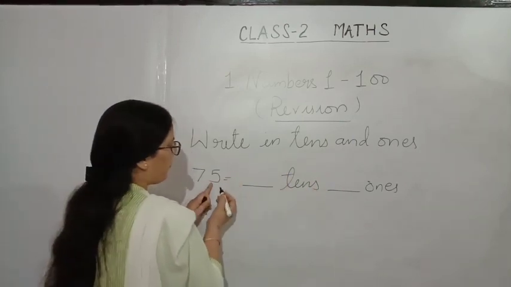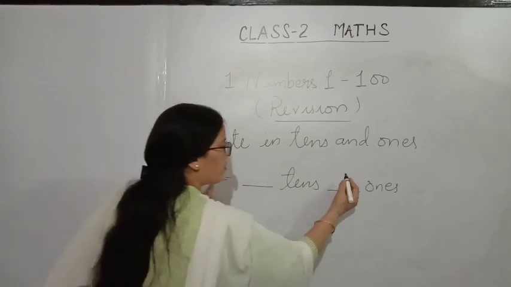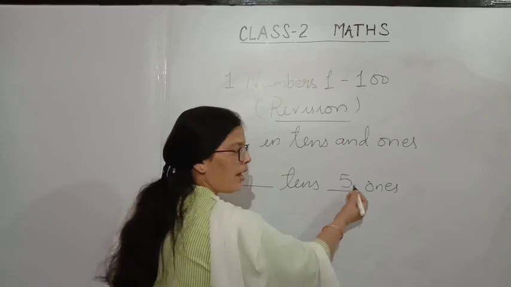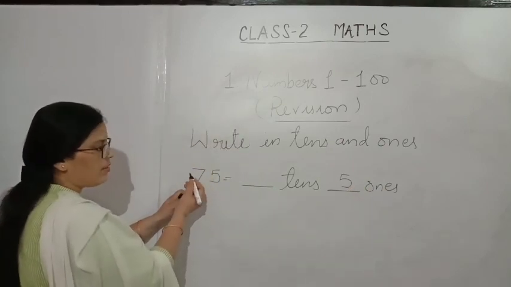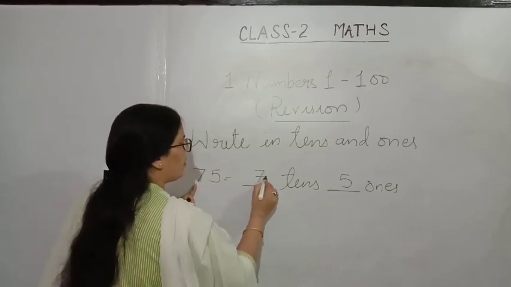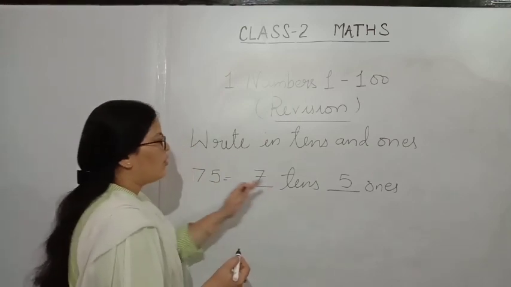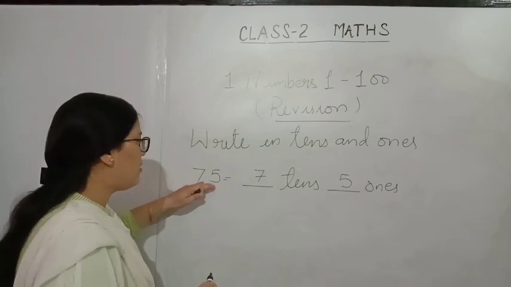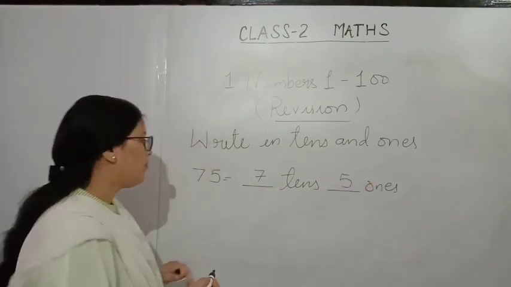The number at the right hand side will be written at ones place, so 5 ones, and the number at the left hand side, that is 7, will be written at tens place, that is 7 tens. So we write the given number in tens and ones as 7 tens and 5 ones.